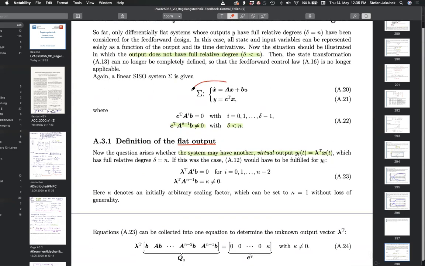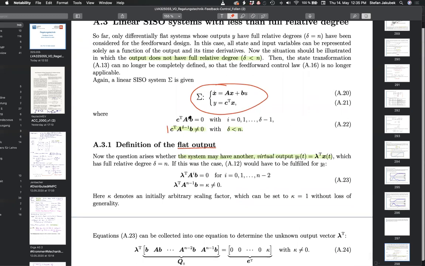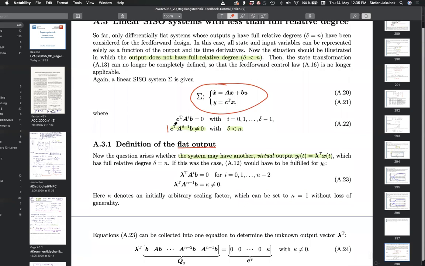Let's assume that we want to control this system, and we just found out our output, which is called y, does not have full relative degree. So already when we formulate this expression here, it's different from 0 for a degree which is less than n. One idea would be the following. Let's assume that we were able to formulate a new output, a so-called virtual output.